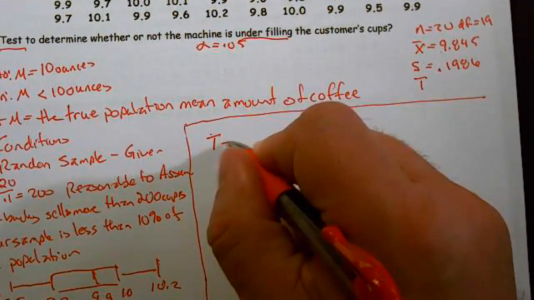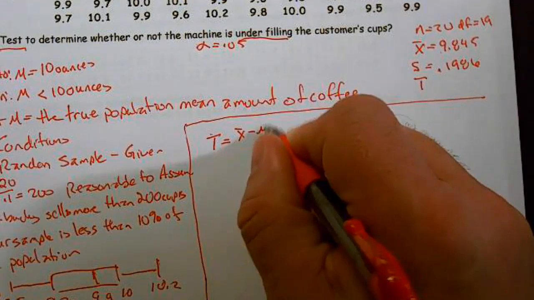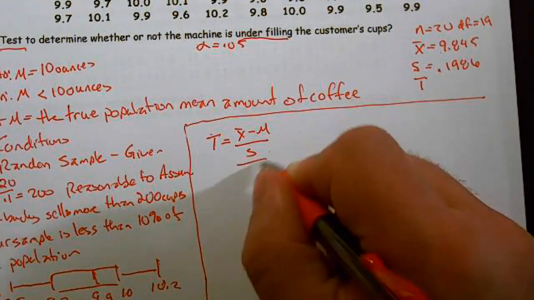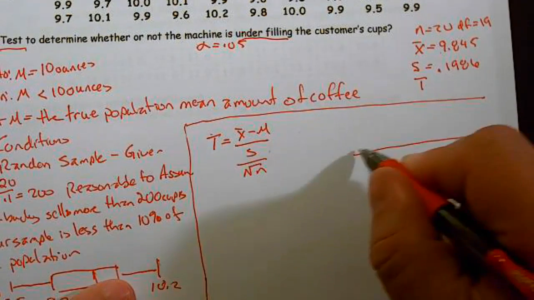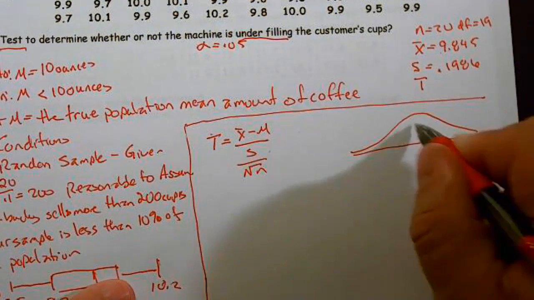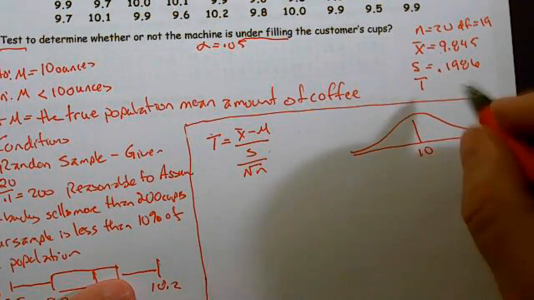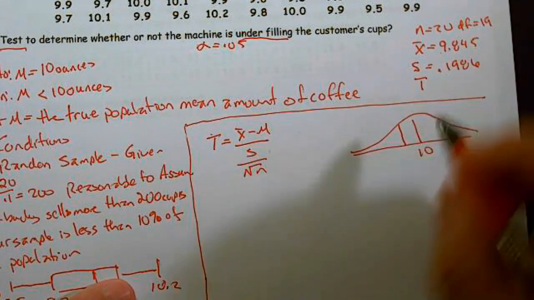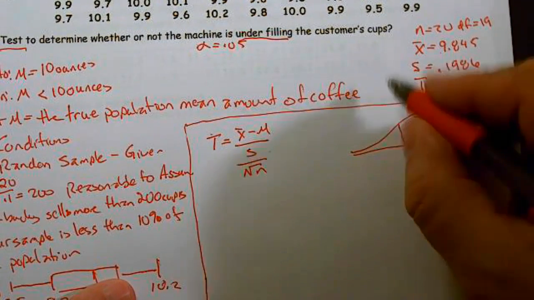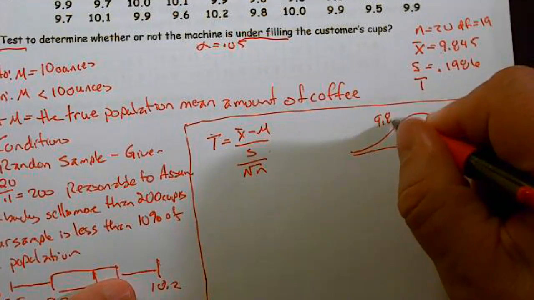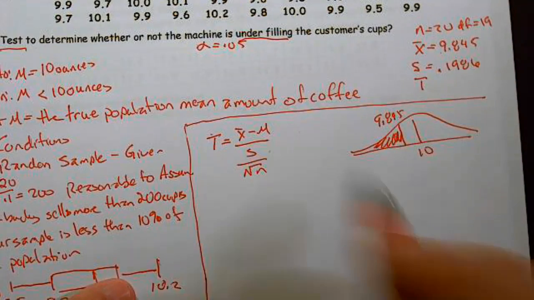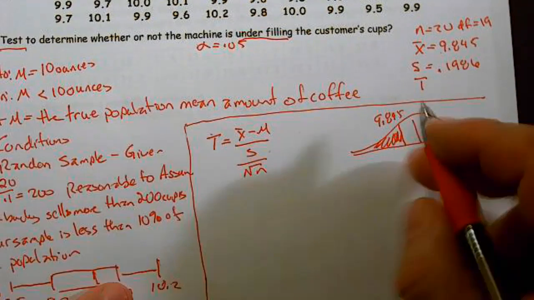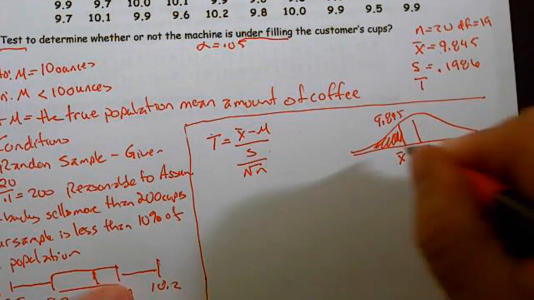So t equals x bar minus mu, over s divided by square root of n. My drawing is going to look something like this. The claim is 10 ounces. We actually get some evidence, not a whole lot, but we're a little bit below that 10 ounces, at 9.845. And we were worrying about underfilling because we had a less than in our alternative statement, and this is for our x bar.